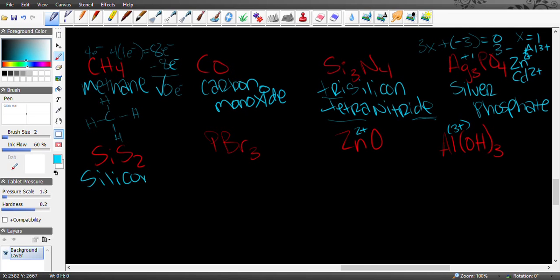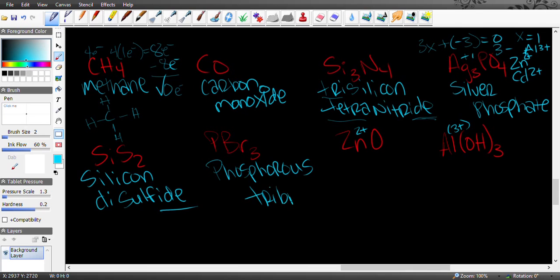Silicon disulfide, right? Take off the UR and put IDE. What about Pabst Blue Ribbon right here? This is phosphorus tribromide.